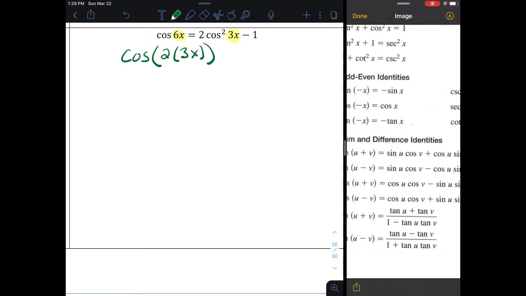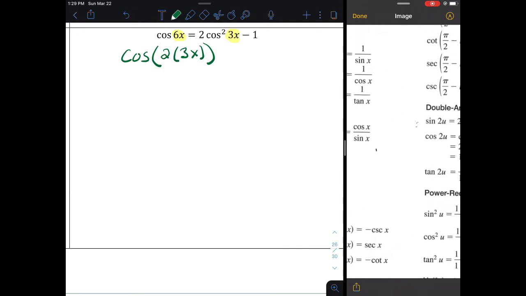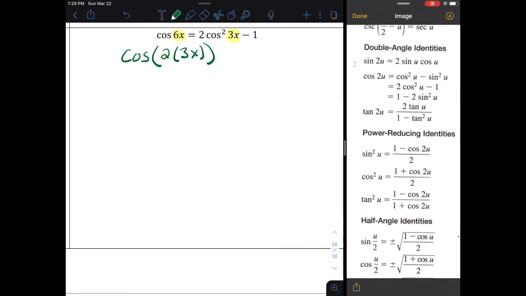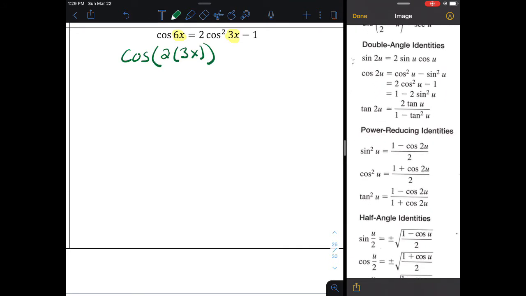And so let's refer to our double angle formulas for cosine, and I want to pick which one to use. Well, the one that matches our right-hand side the most is cosine of 2x equals 2 cosine squared x minus 1. When I do that, I have to be wary that the angle I'm doubling is 3x.